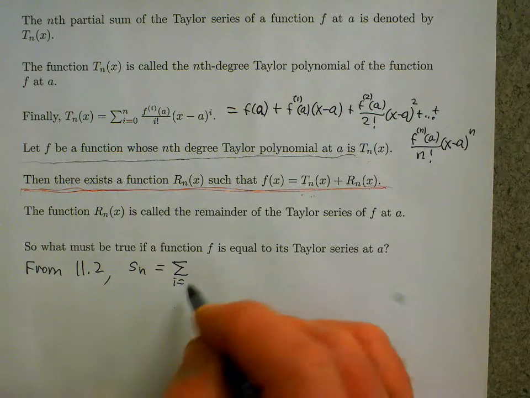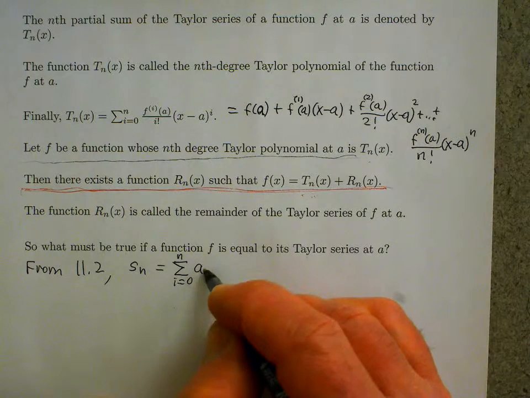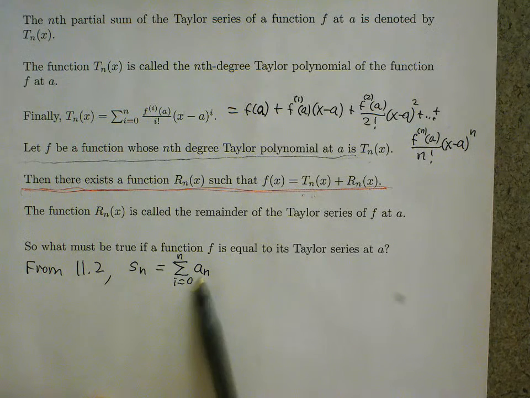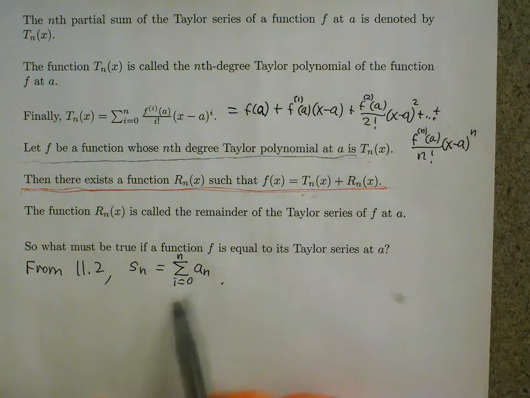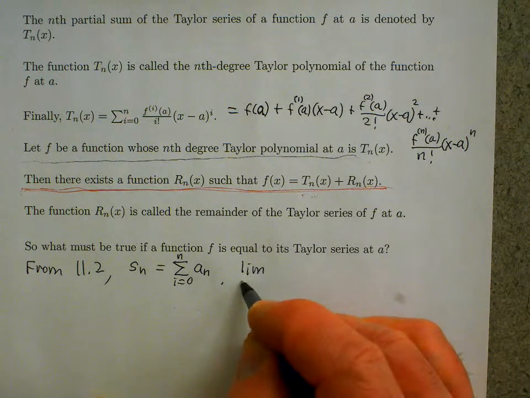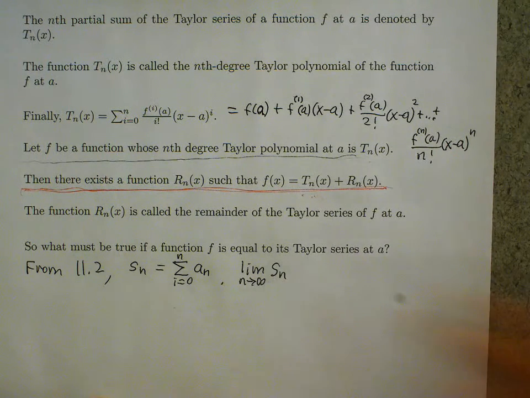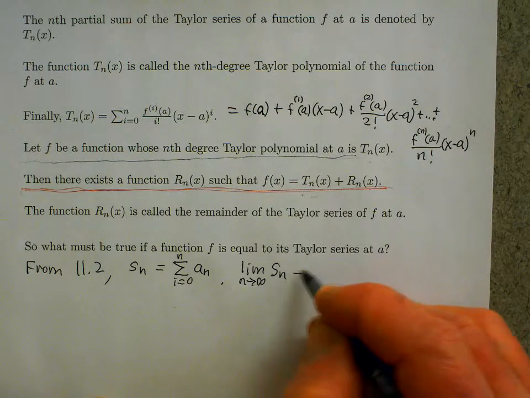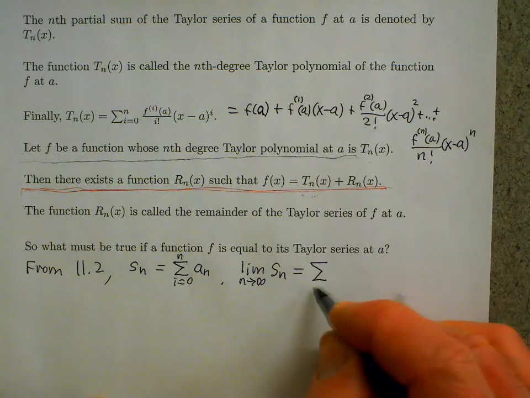Well, we can start at 0 or 1, whatever, but it's just the sum of the first n plus 1 terms of this series. And if that series converges, then the limit of the sequence of partial sums has to be equal to the full series.